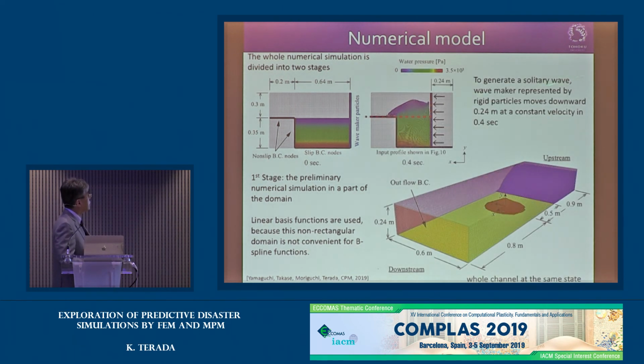Then, to generate a solitary wave, the wave maker is represented by a rigid particle that moves downward 0.24 meter at a constant velocity in 0.5 seconds. This is the profile of the solitary wave at the end of the first stage. That is used as the initial profile for the second stage simulation.